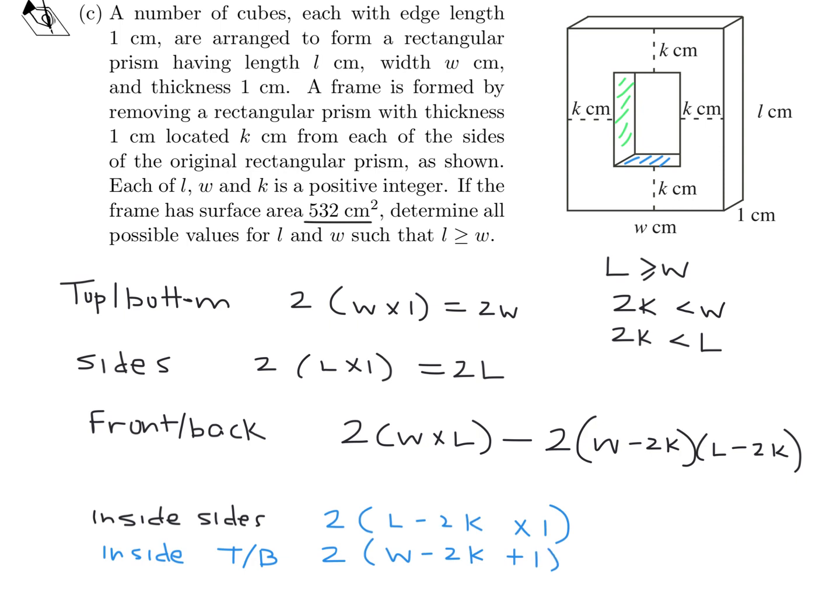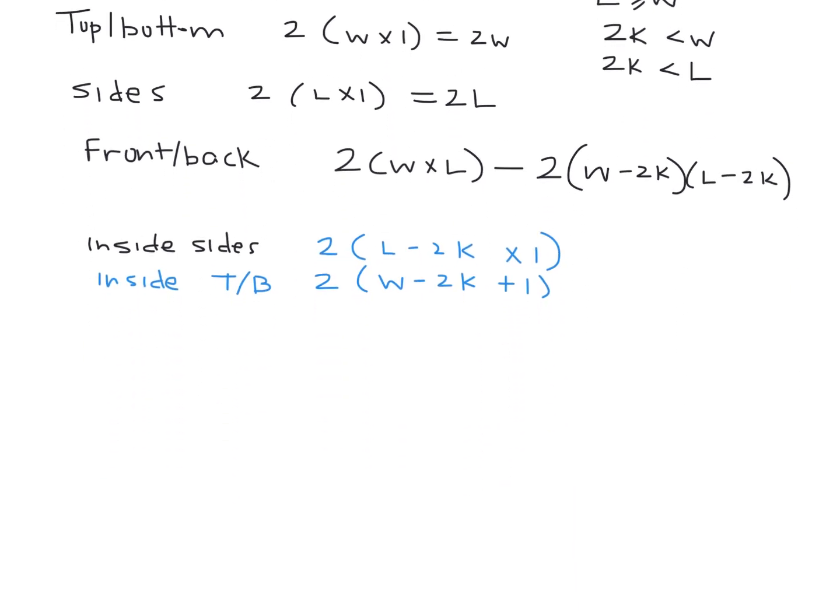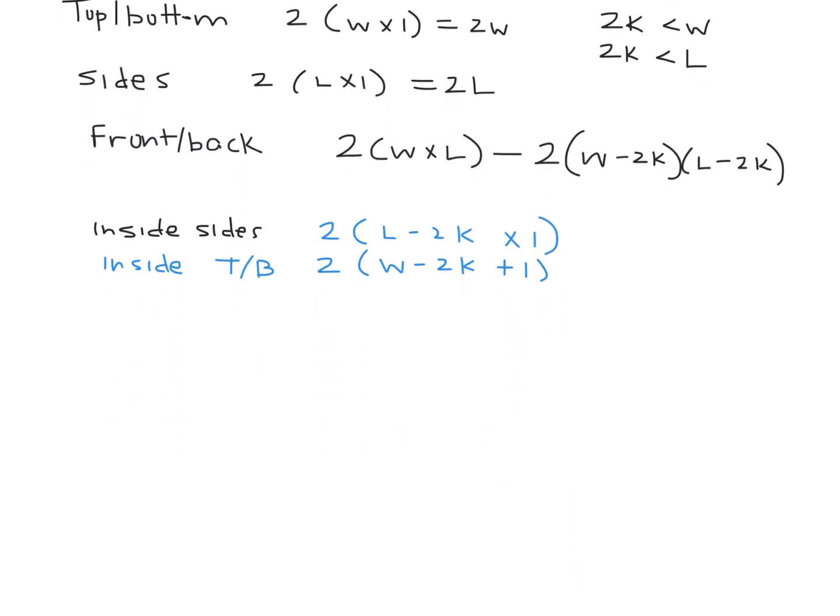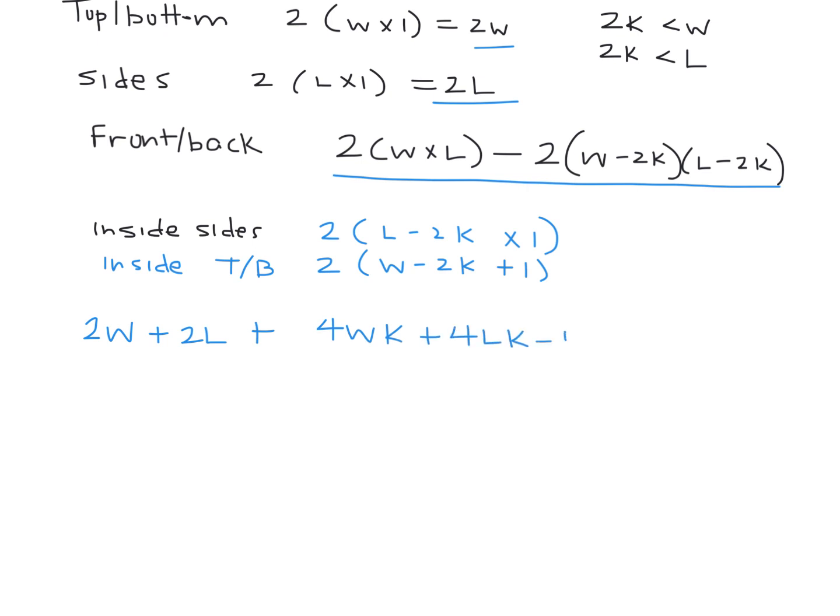Okay, so that's actually not so bad, because now I just have to do algebra. That shouldn't be a big deal. I have to add this all up. It becomes 2W for this guy plus 2L. And then this one, when you simplify it all, I'll let you simplify it, it actually becomes 4WK plus 4LK minus 8K squared.